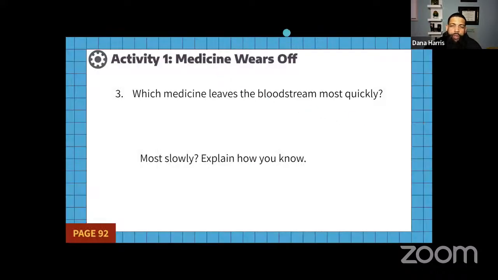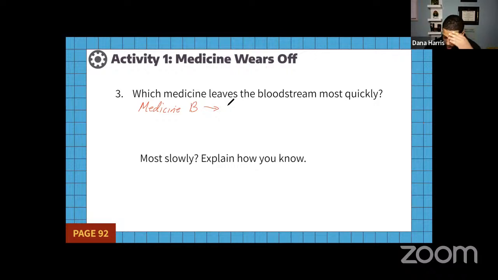Yes. So here now it's going to ask us, which medicine leaves the bloodstream the most quickly? And in this case, it is going to be medicine B. Okay. And the reason it's medicine B was because medicine B left the body by a factor of, there was 4/5.